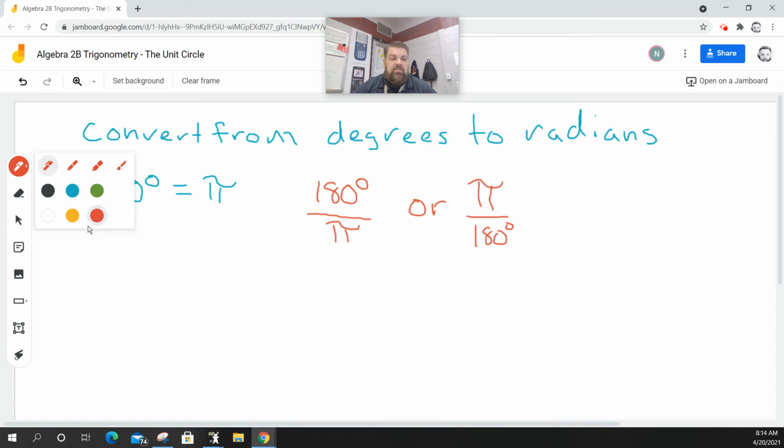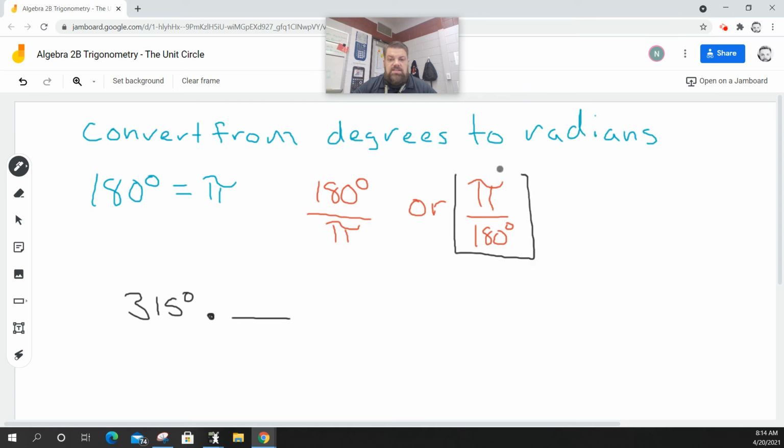So if I have a bunch of numbers, like let's say I want to convert 315 degrees, I'm going to multiply it by one of these conversion factors. Well, since I have degrees on top, I'm going to choose the second one because I want to cancel out the degrees.